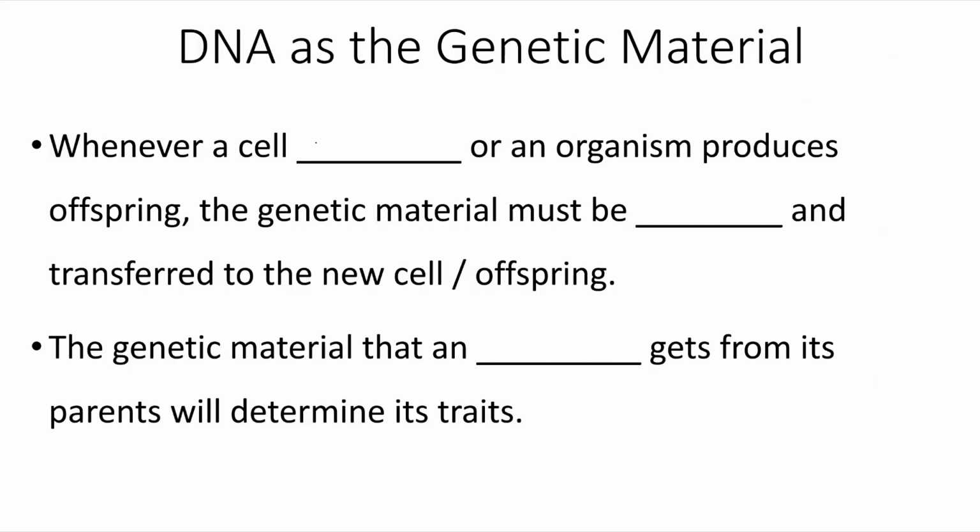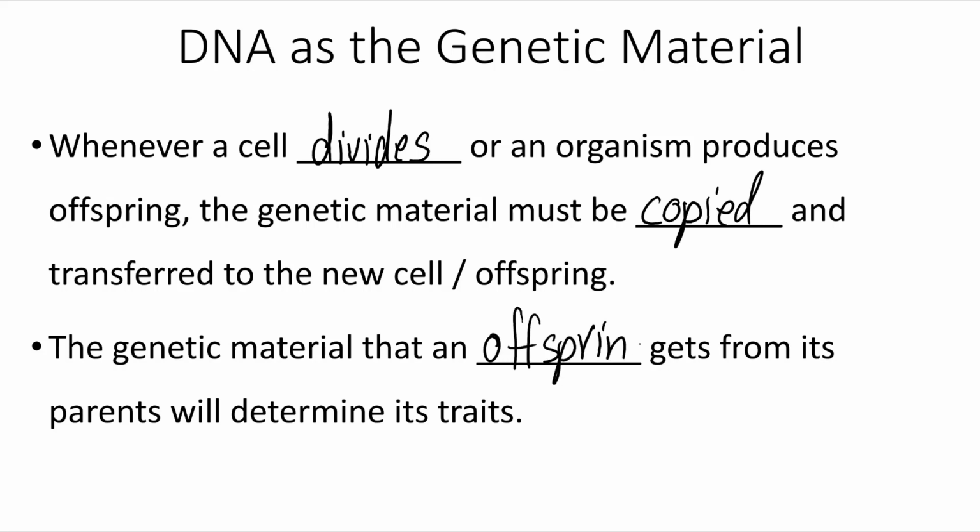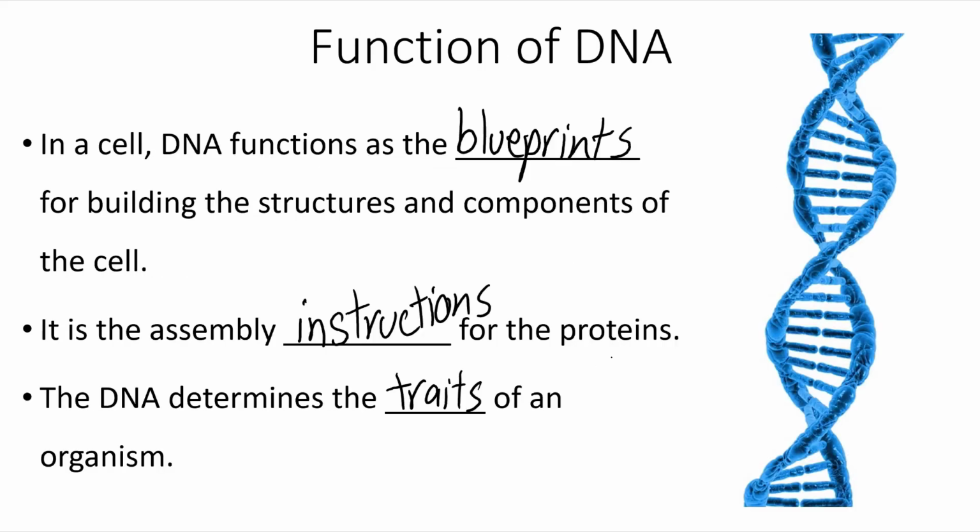Whenever a cell divides or an organism produces offspring, the genetic material must be copied and transferred to the new cell or offspring. The genetic material that an offspring gets from its parents will determine its traits.